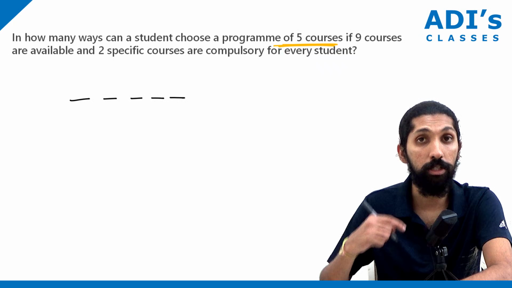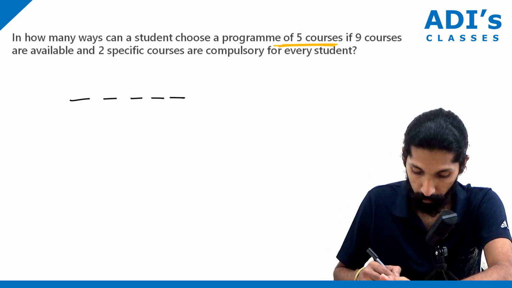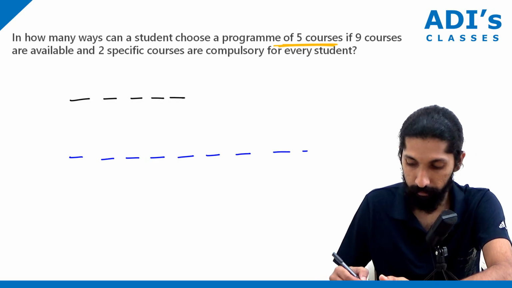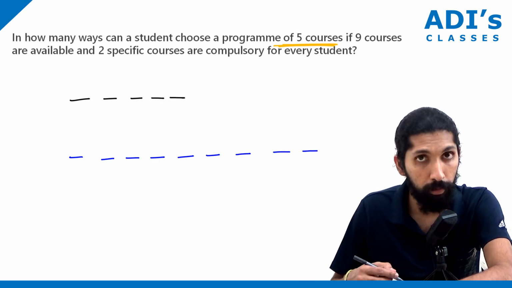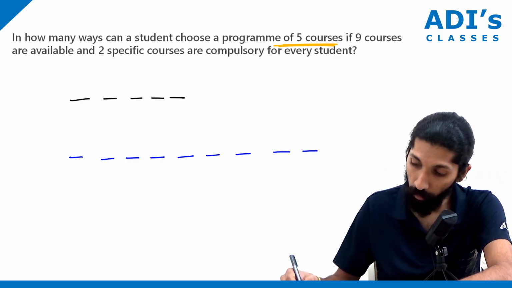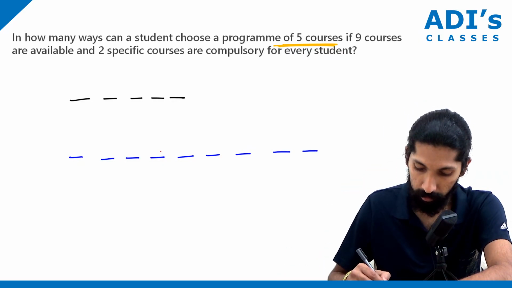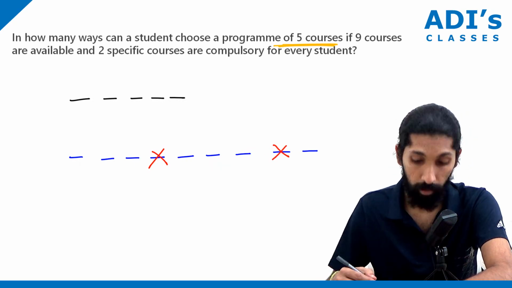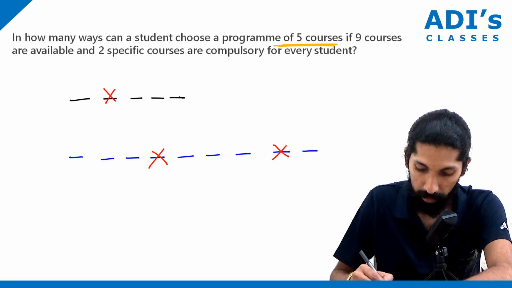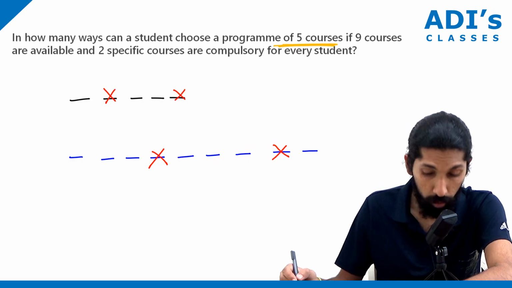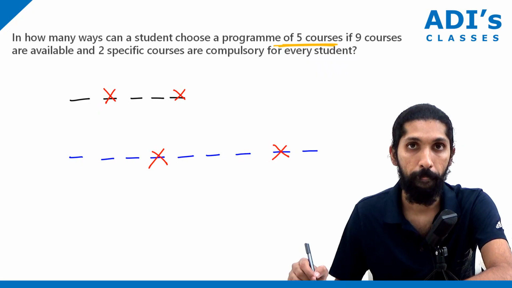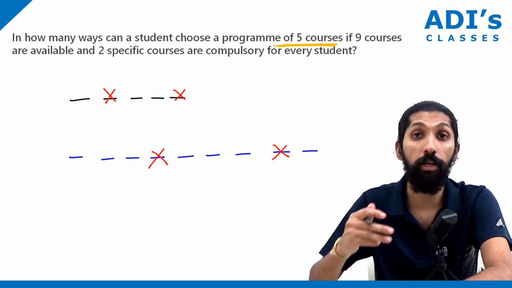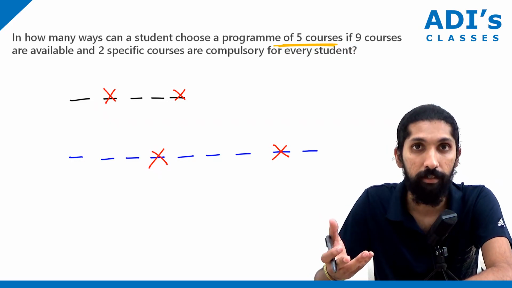So the 9 available courses, we have 1, 2, 3, 4, 5, 6, 7, 8, 9. Of these 9, let's say this one and this one are mandatory. That means I've already chosen them, so they're out of the picture, because I don't have a say in that.